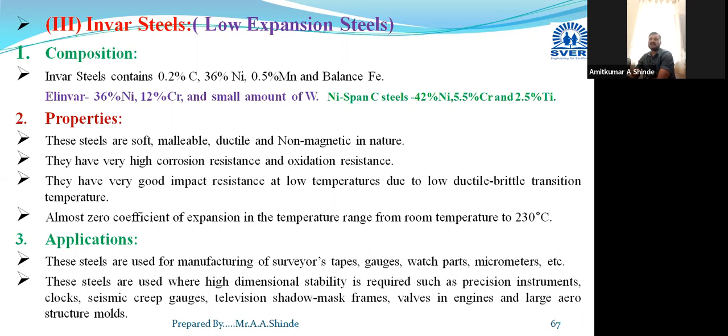From 100, you just subtract these percentages, 0.2% carbon, 36% nickel and 0.5% manganese, and the remaining quantity will be iron, indicated by balance.